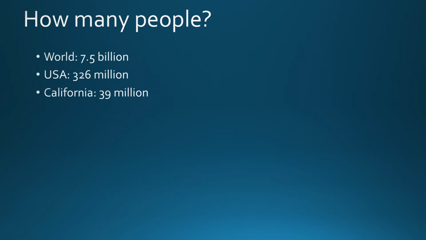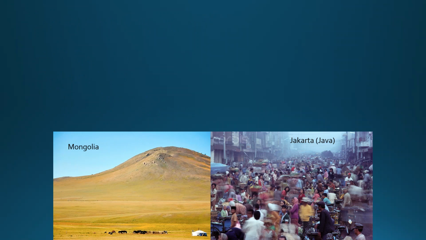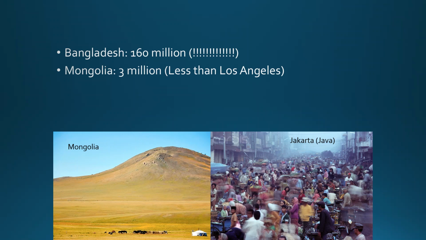In California, we have about 39 million people out of that 326 million in the United States. In San Diego County, we have 3.3 million people, which is a fair amount. But other places like Bangladesh have 160 million. Bangladesh is a really small country, but has lots and lots of people.